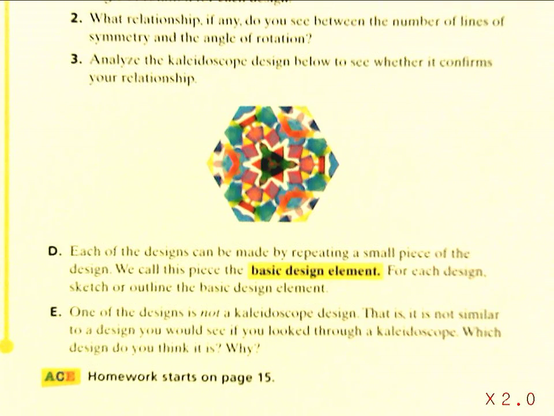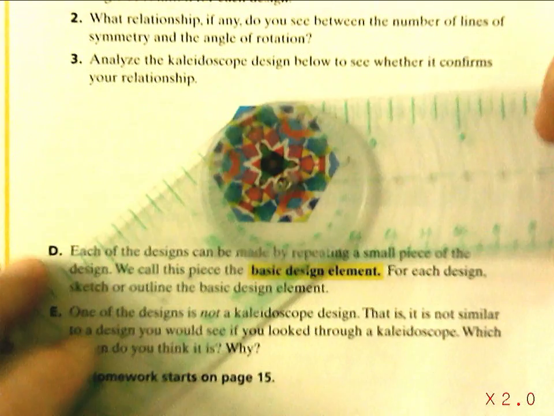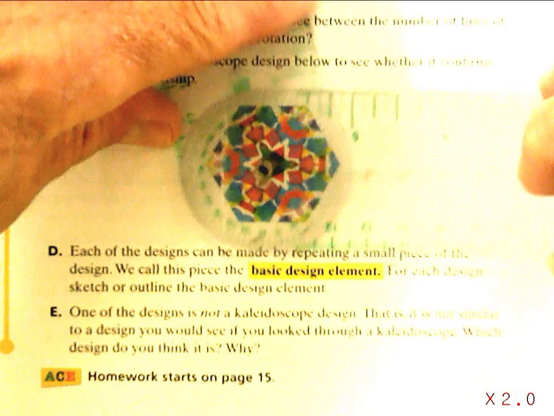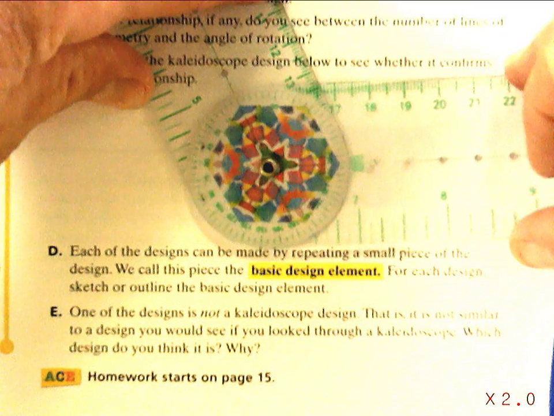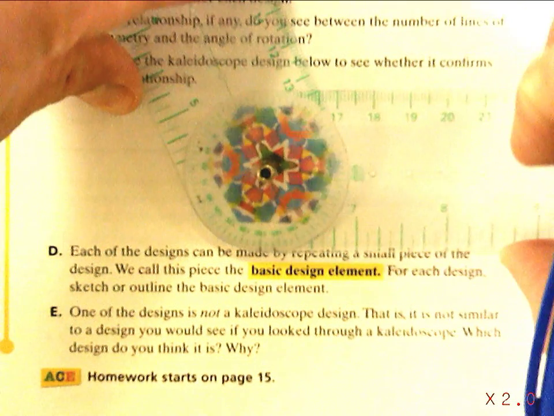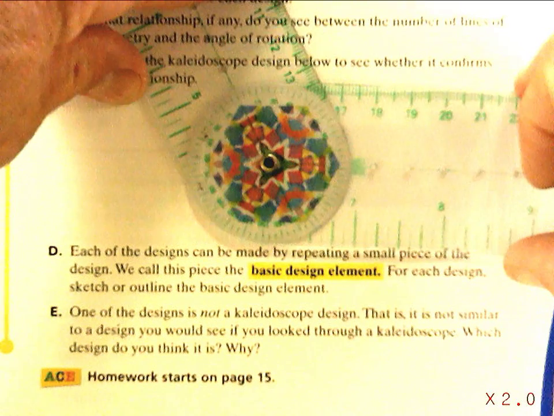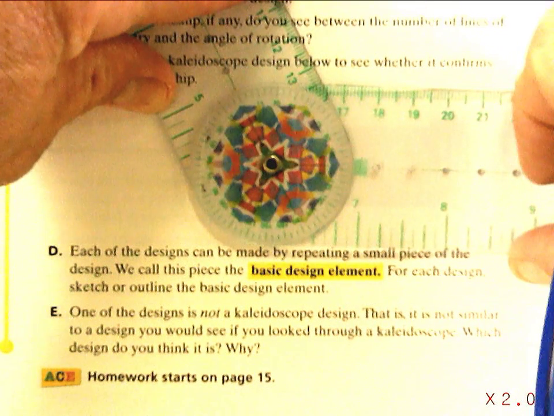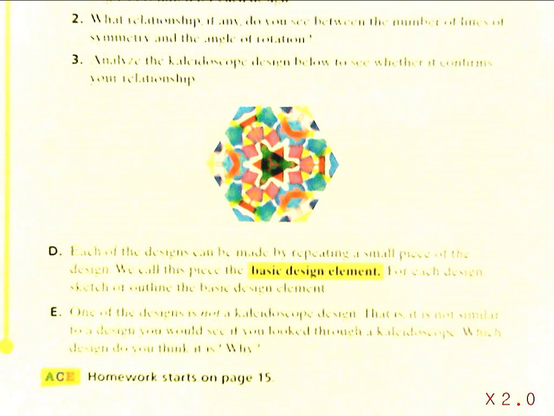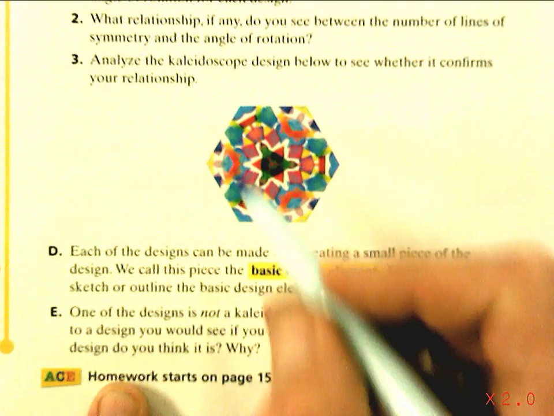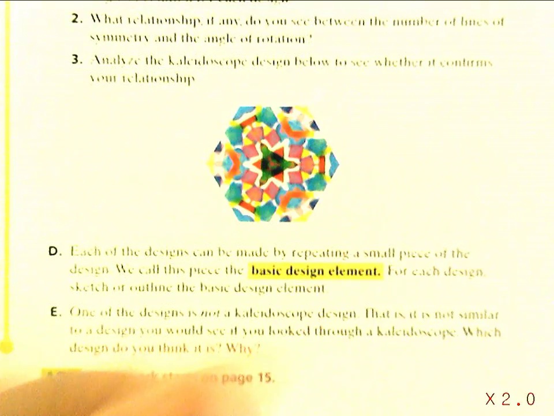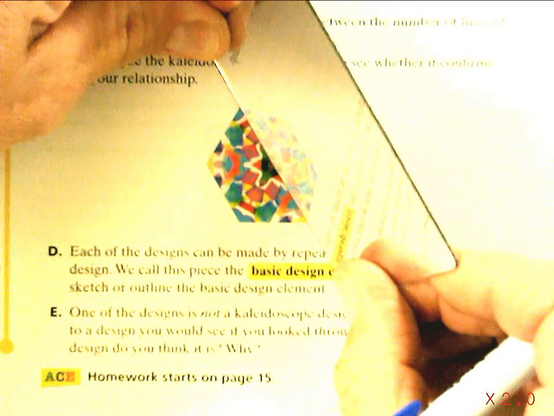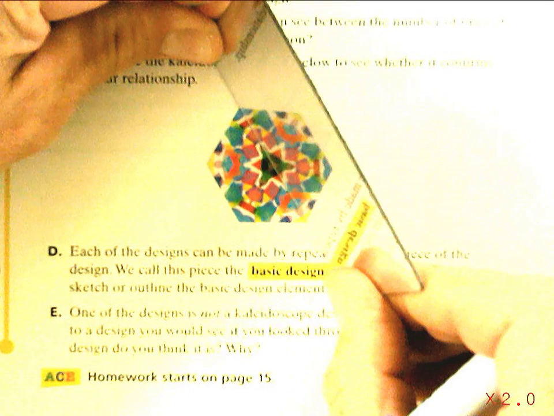So we can look at this and see, if I start here and go from one point to another, and look at my protractor, it gives me 120 degrees. So my angle of rotation is 120 degrees, and it could fold in half right there. You can see the one half on the other.